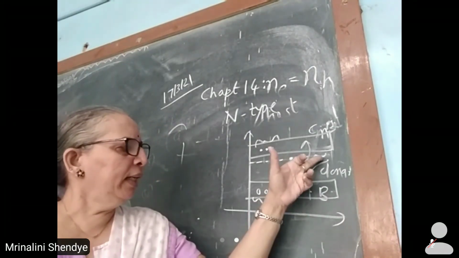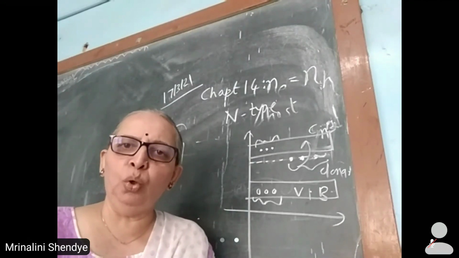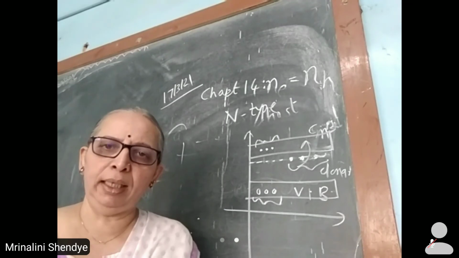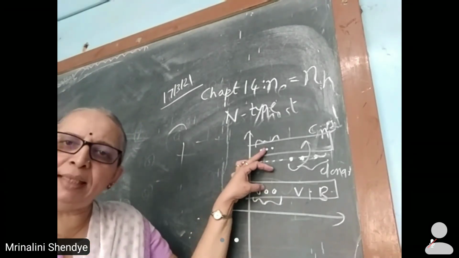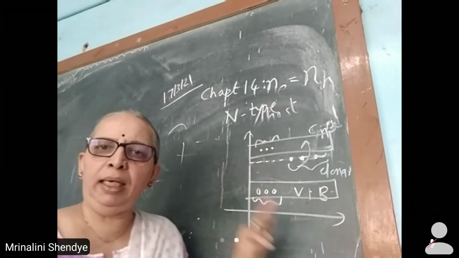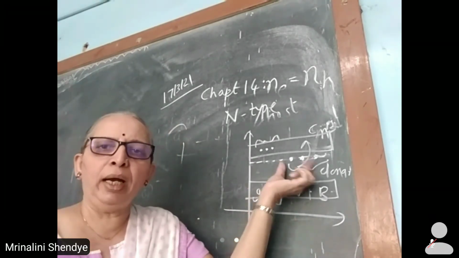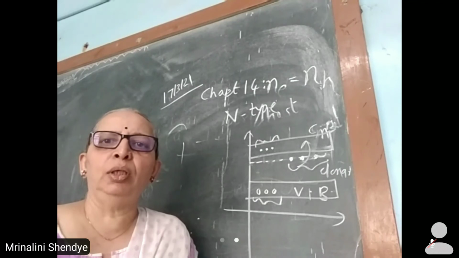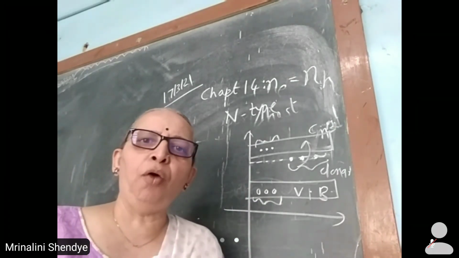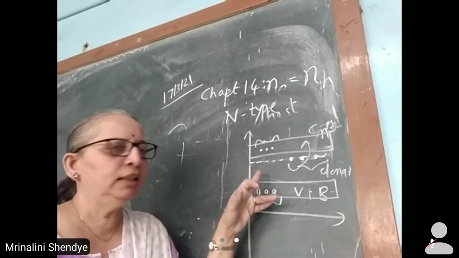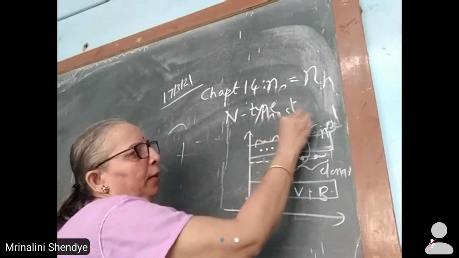So electric current is due to majority charge carriers, which are donor electrons. Due to thermal agitation, you will get these thermal electron-hole pairs, no doubt. But in addition, you get a large number of donor electrons due to the addition of impurity in the original crystal, and hence it is called N-type.